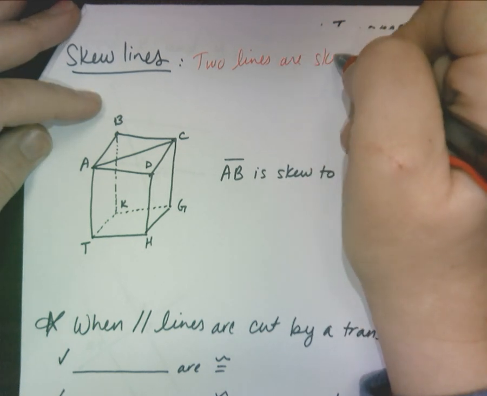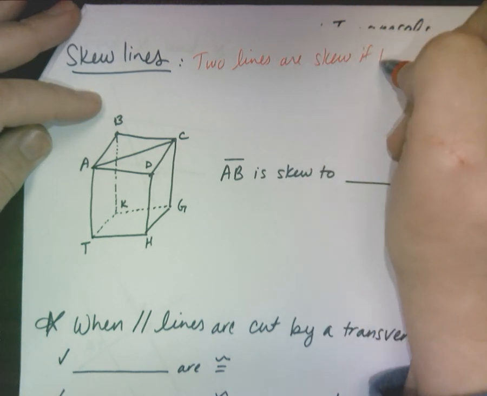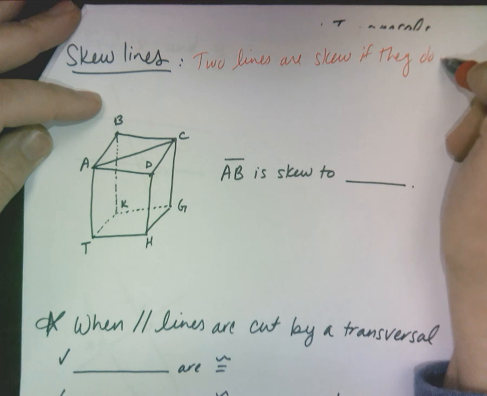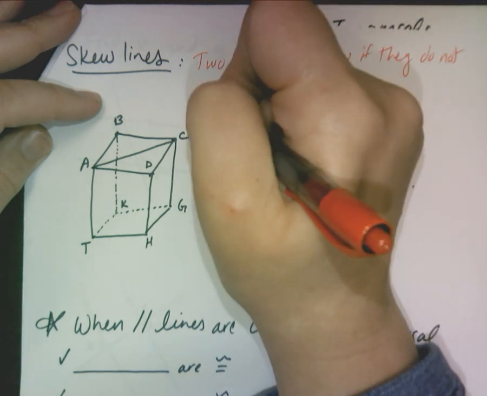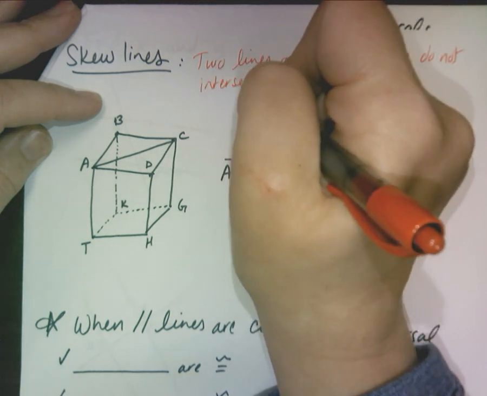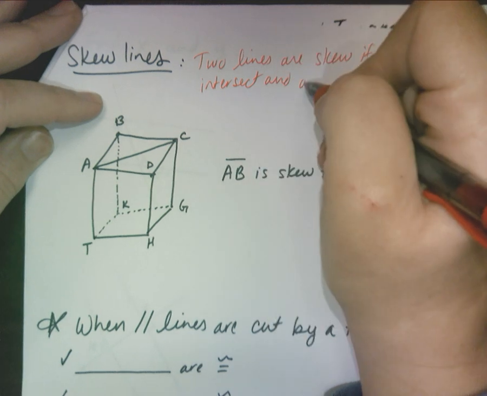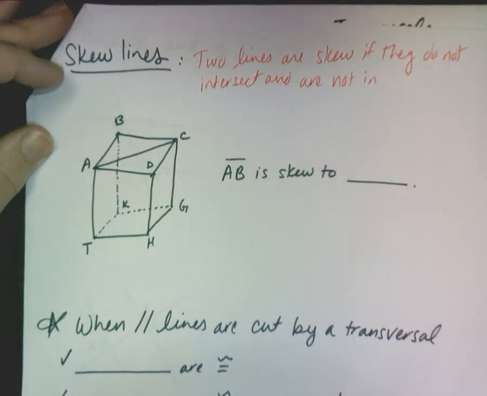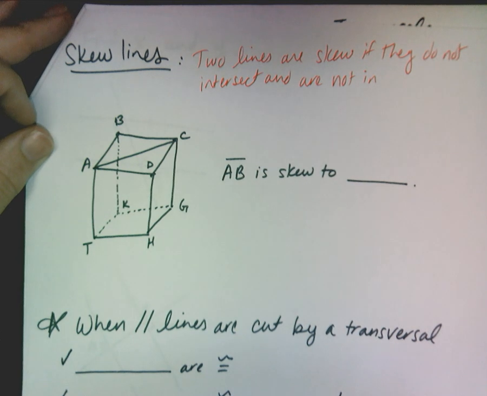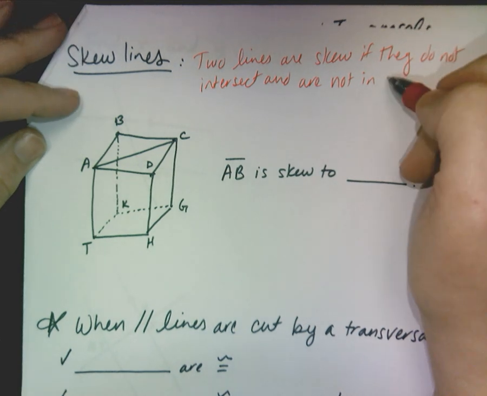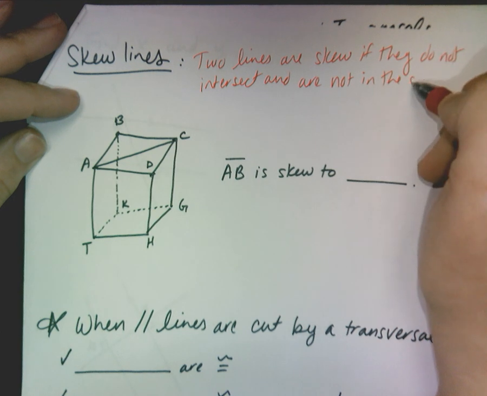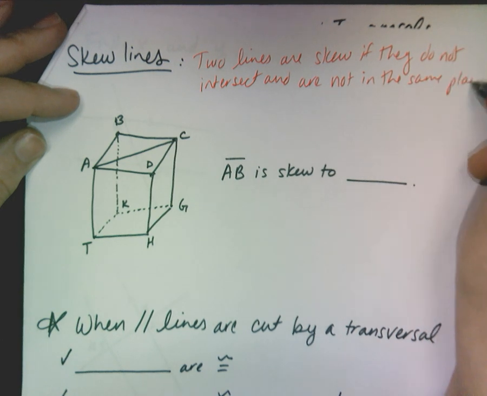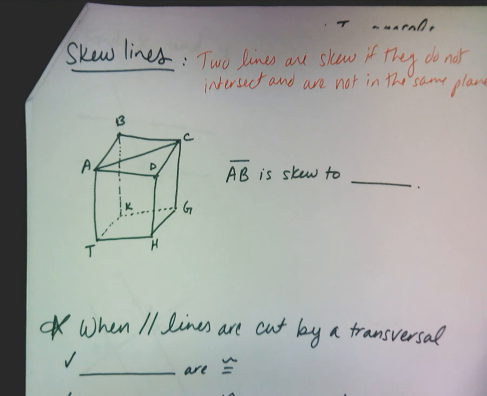Two lines are skew if they do not intersect and they're not on the same plane. Sorry about that. Two lines are skew if they do not intersect and they're not in the same plane.